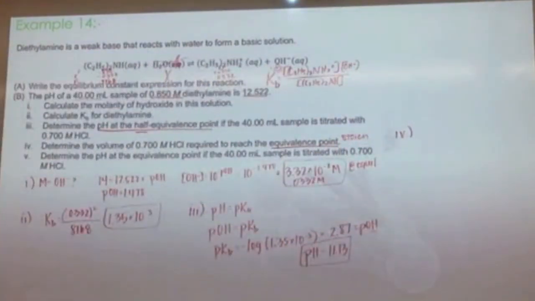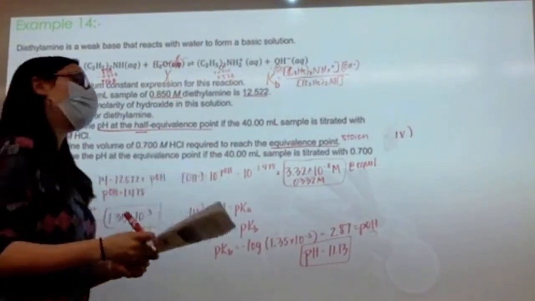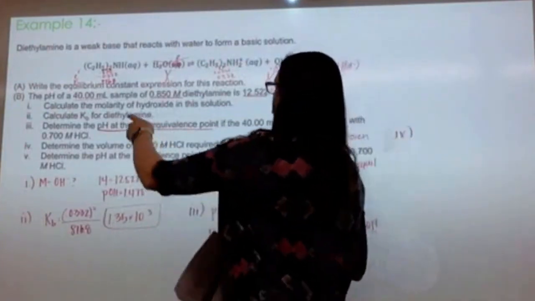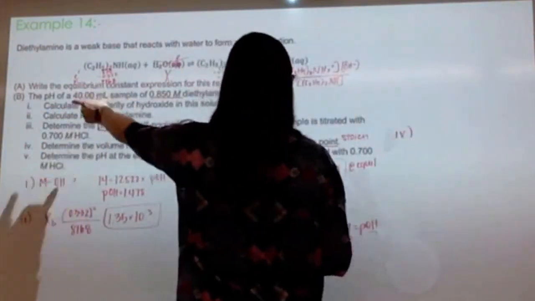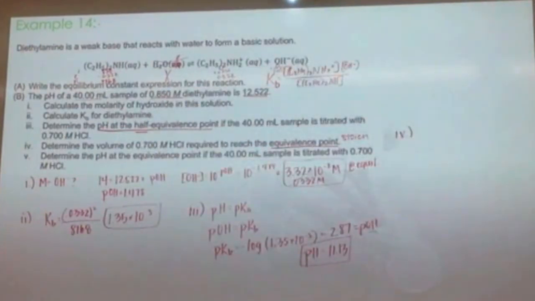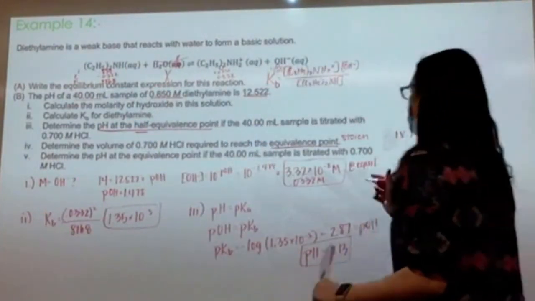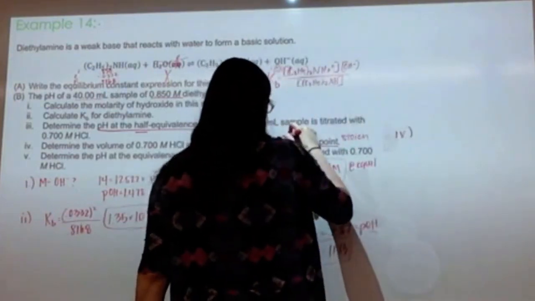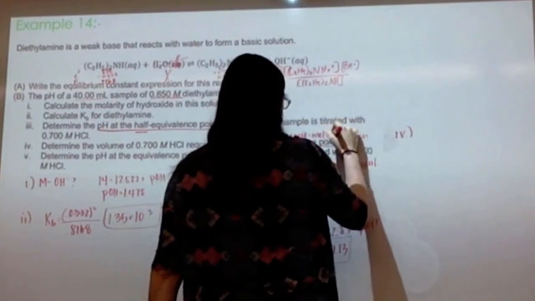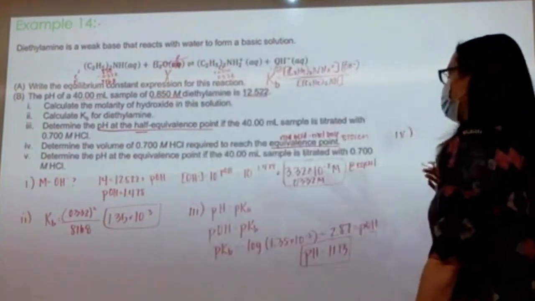Determining volume or molarity at the equivalence point is nothing more than stoichiometry. So I have 40 milliliters of 0.850 molar diethylamine. Remember, at the equivalence point, our moles are equal. Moles of acid equals moles of base.